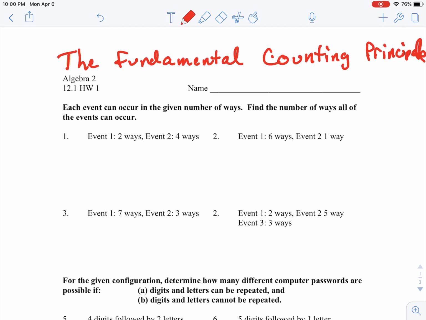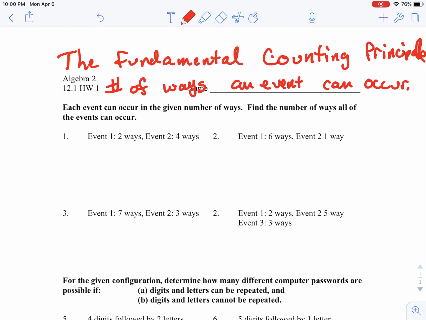I give you that name because if you want to YouTube how to do this lesson, that's the lesson you want to type in. So what this means is the number of ways an event can occur.